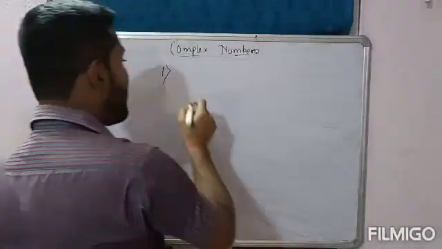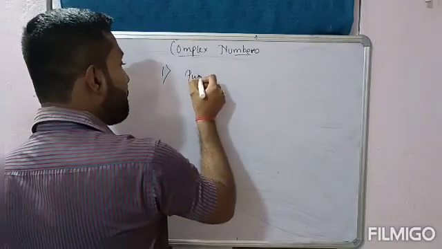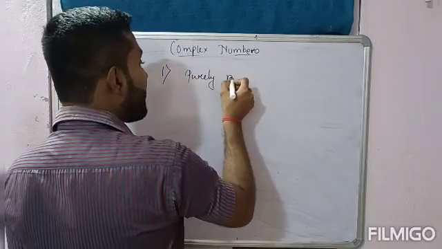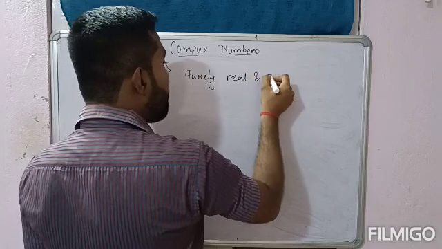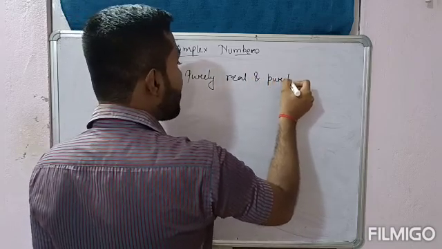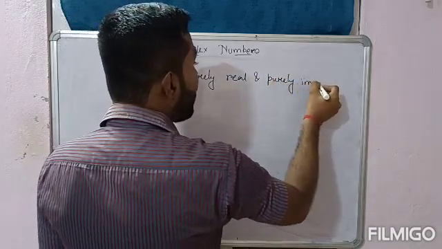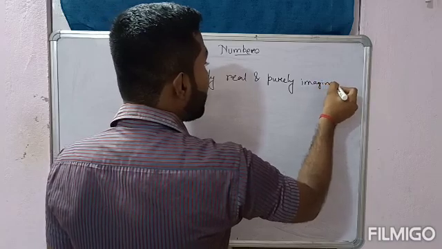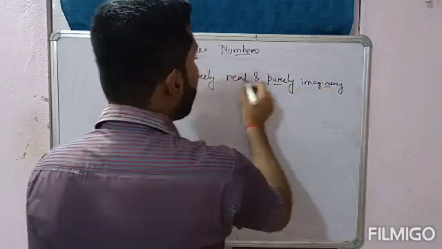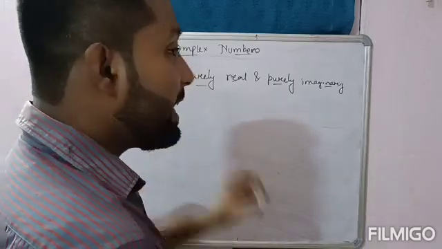Right, first one is purely real and purely imaginary. प्योरली रियल एंड प्योरली इमेजिनरी कॉम्प्लेक्स नंबर क्या होता है? प्योरली रियल क्या होगा?